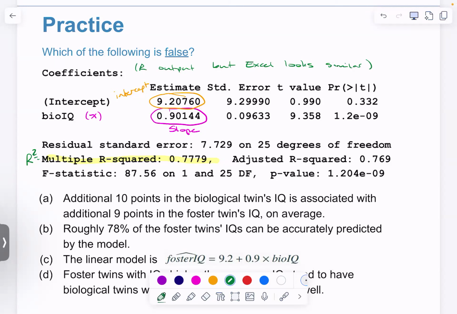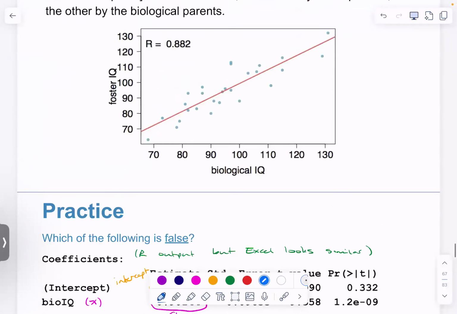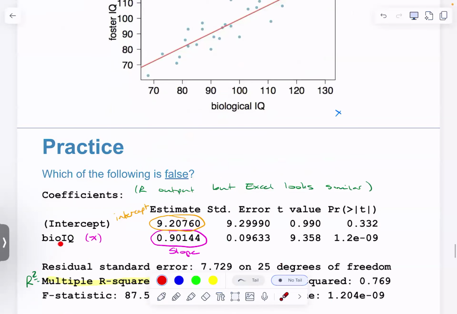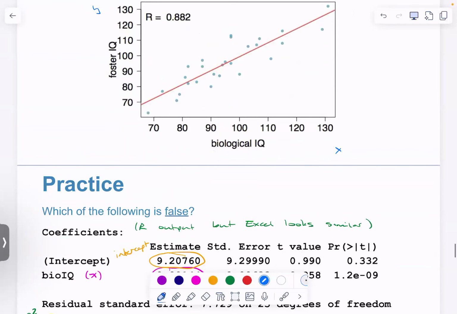So we can build our line from here. We were predicting our y, which is our Foster IQ, right? Remembering that this is your y and this is your x, which is why the bio IQ is down here as your x. And so we're predicting y, the Foster IQ hat, the predicted Foster IQ.